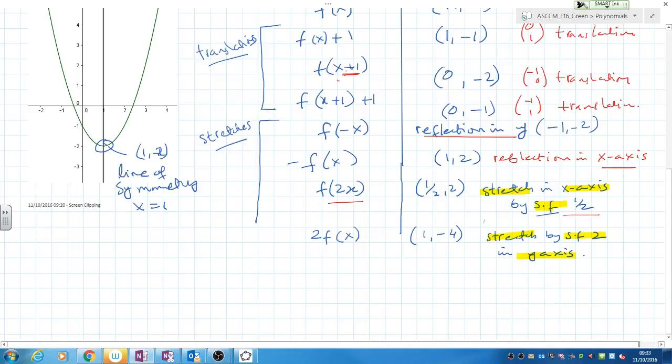Over here, rather than move to the left by 1, it's going to move to the right. But essentially, things that are inside the bracket, and you'll probably see more of this when you do C3, behave in the opposite way to BODMAS.